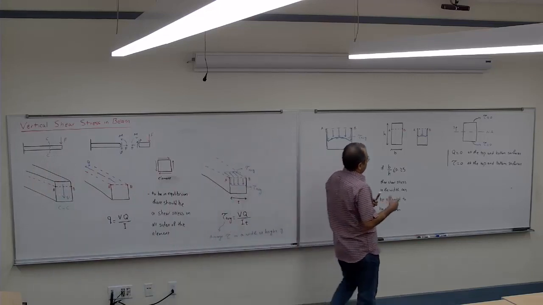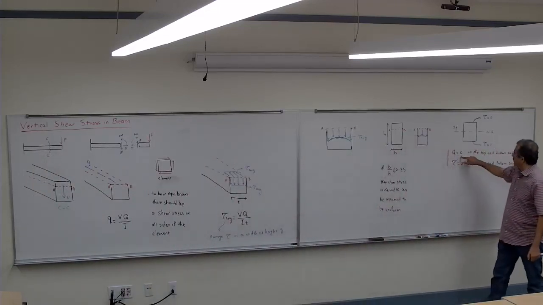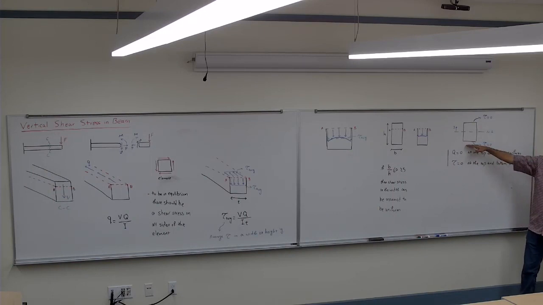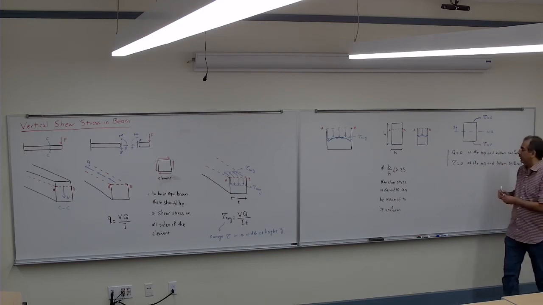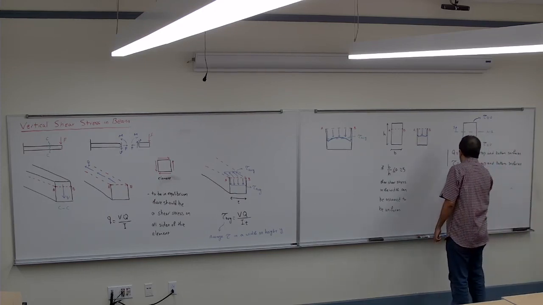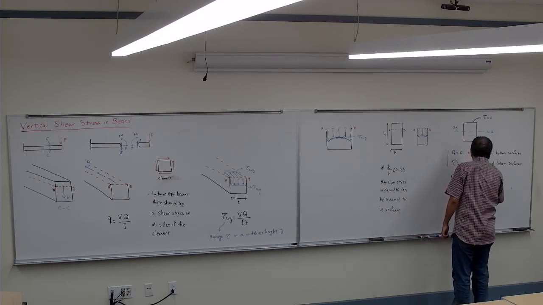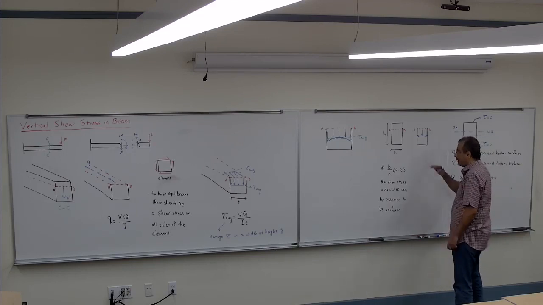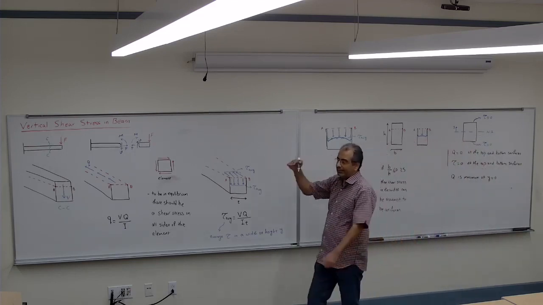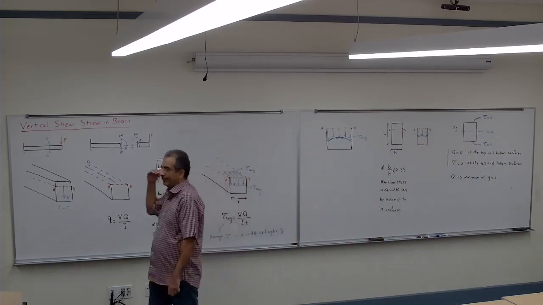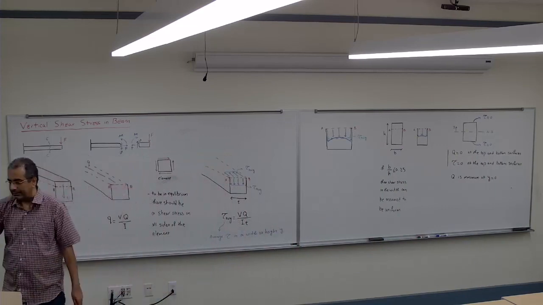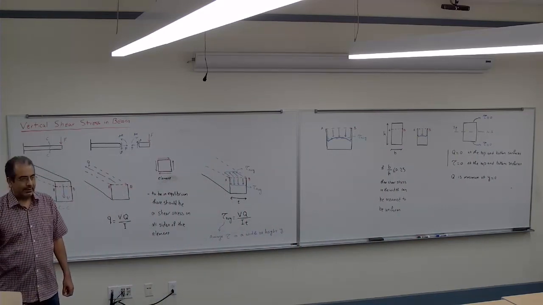Then Q is 0 at the top and the bottom. Q is going to be maximum where the Y is 0. So Q is maximum at Y equals 0. So when we are actually at the neutral axis, the Q is maximum.